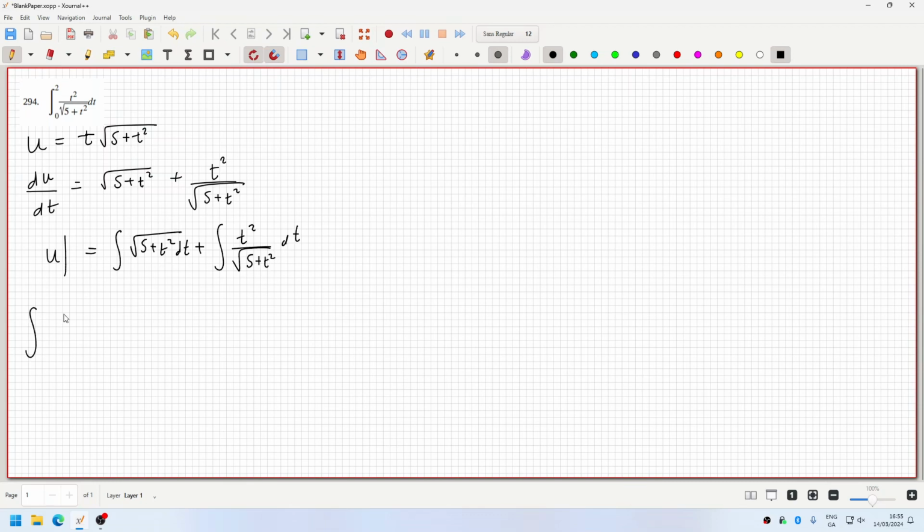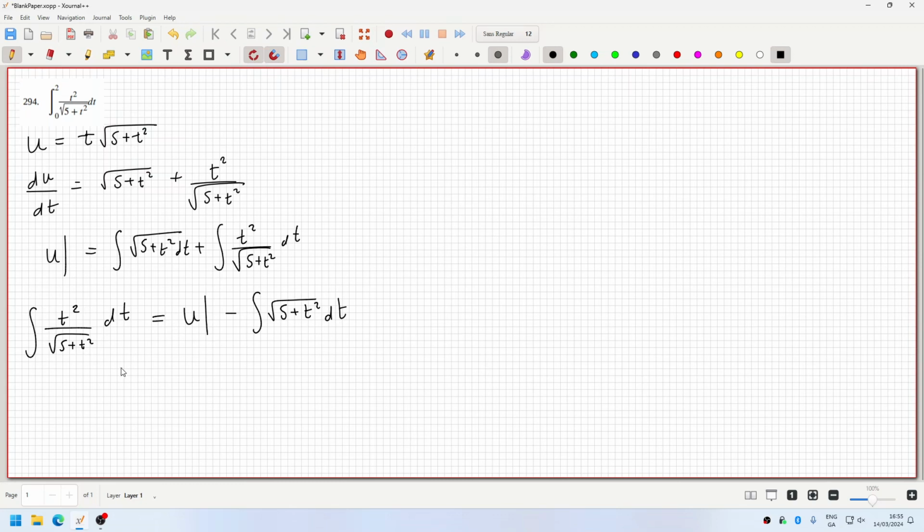So the integration of t squared over root 5 plus t squared dt would equal u with the limits minus the integration of root 5 plus t squared dt.